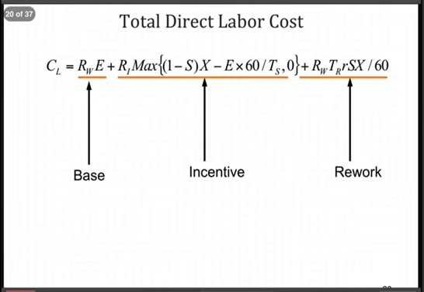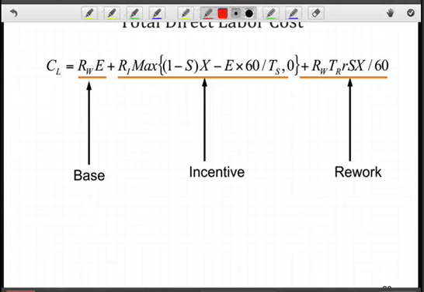We can put the three together and come up with the total direct labor cost. Again, the total direct labor cost to put those X parts through the process. We have three components. The base, we saw that was a very simple representation of paying for the time that the operators were on the line.